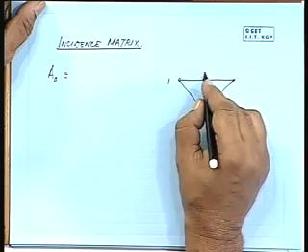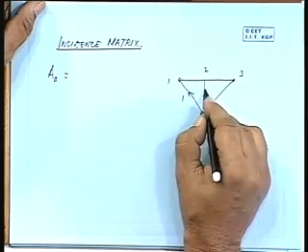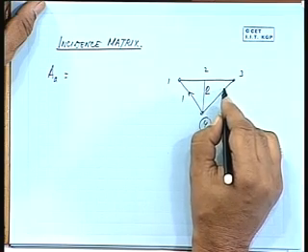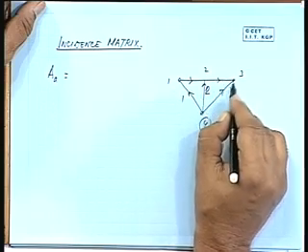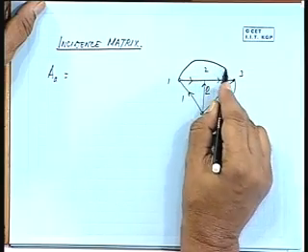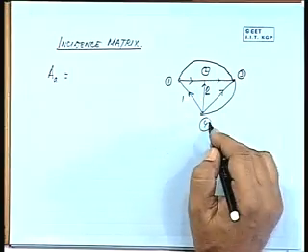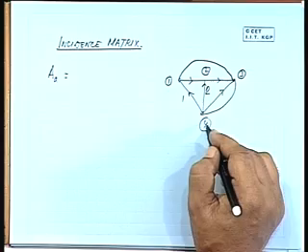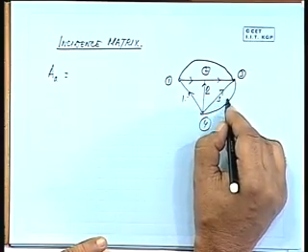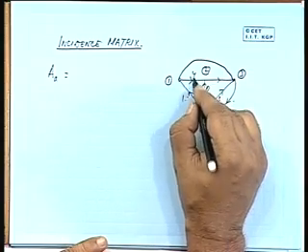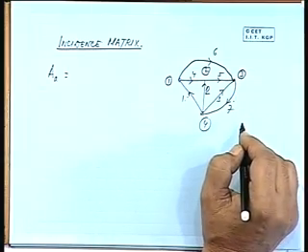Suppose this is 1, 2, 3, 4. This is element 1, 2. Suppose this is the direction. Okay. I put a circle on the node numbers and these are the edge numbers 1, 2, 3, 4, 5, this may be 6, this may be 7, these are the edge numbers.